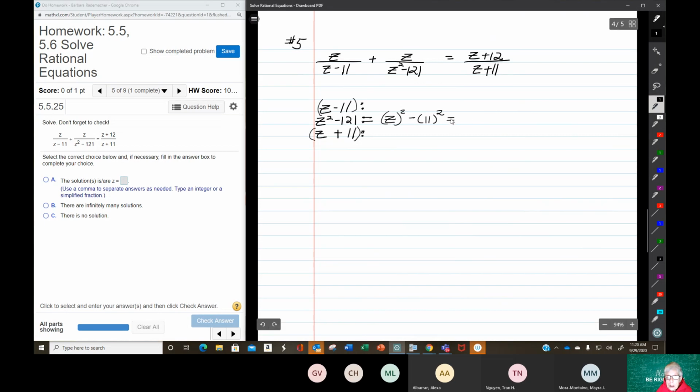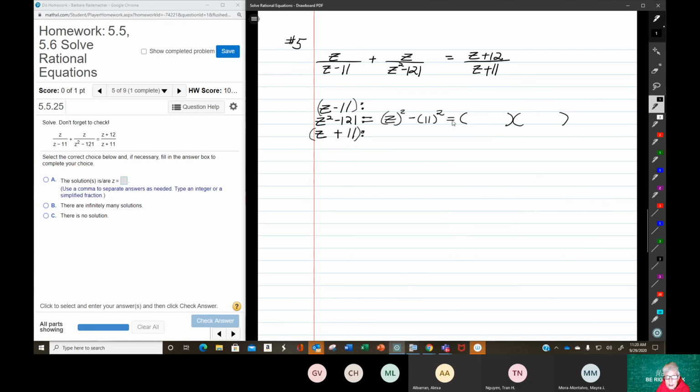So you know from last week that the way you factor the difference of two squares is you take the first term squared and unsquare it, you take the square root of it.